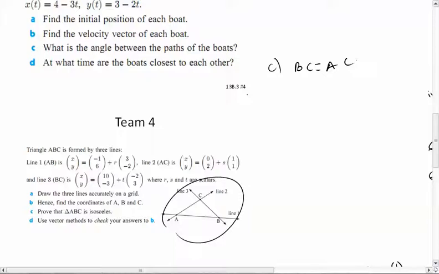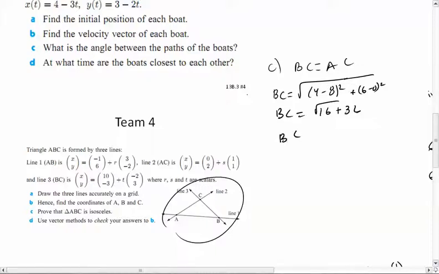So BC equals AC. And you would use the points that you found in part B. It's 1, 0. And then BC equals 52 units.